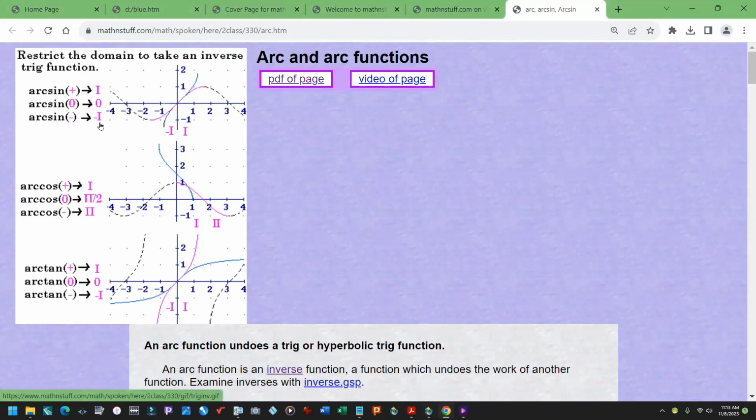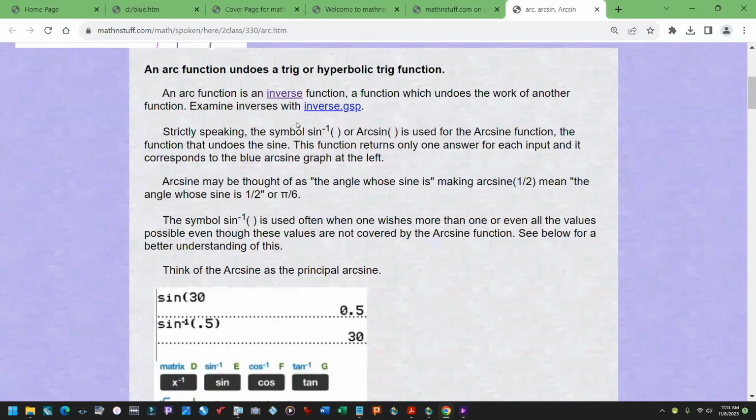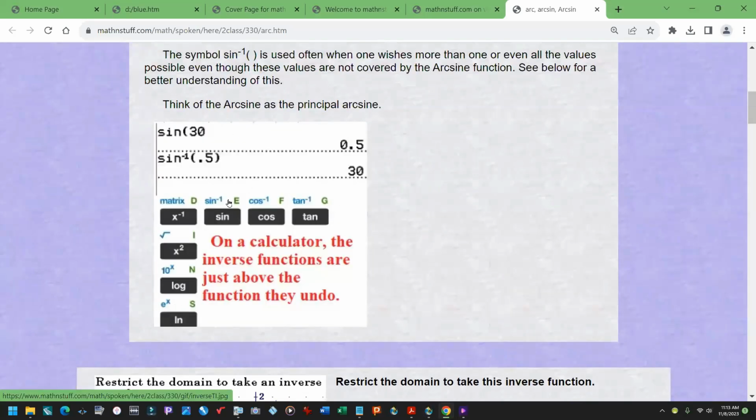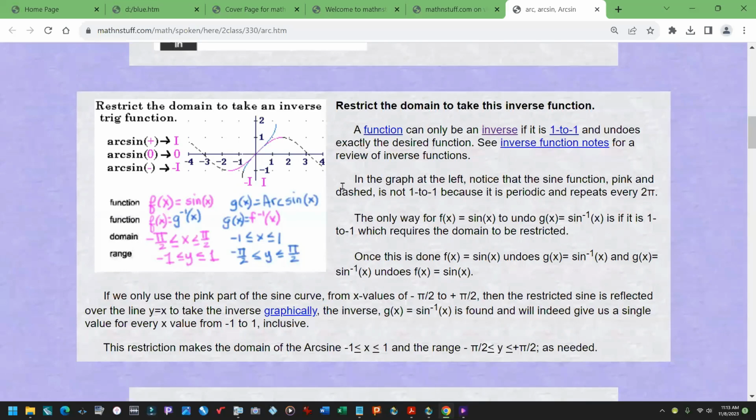The arc functions in graphic form. I think you understand the answers you get on the calculator.